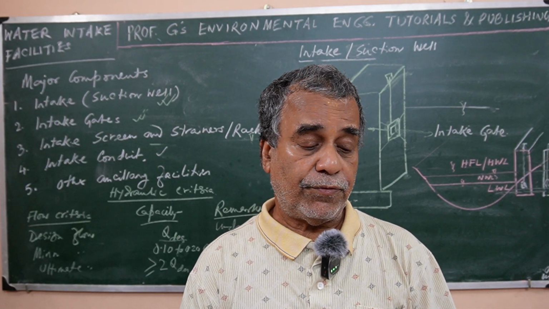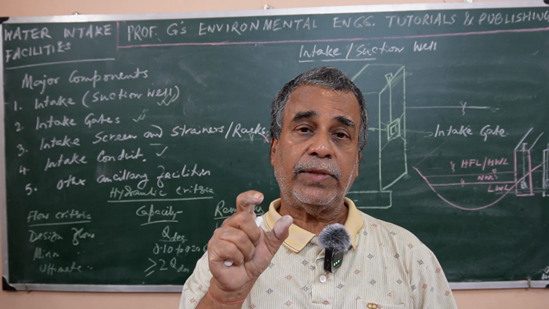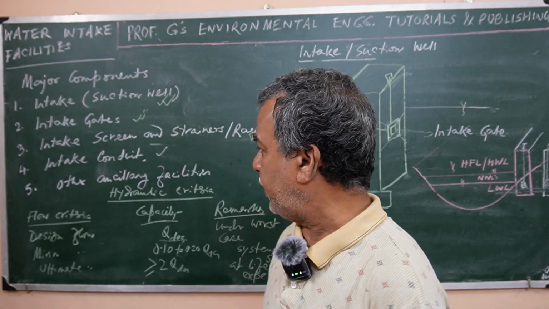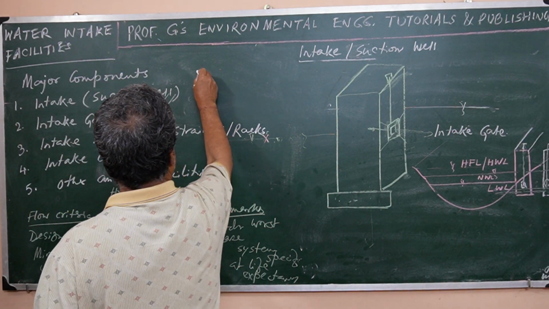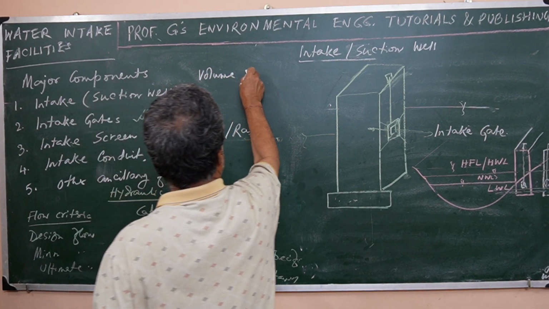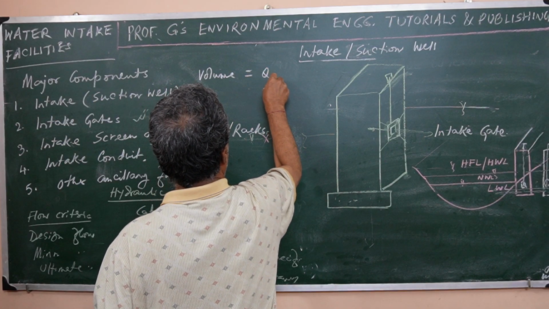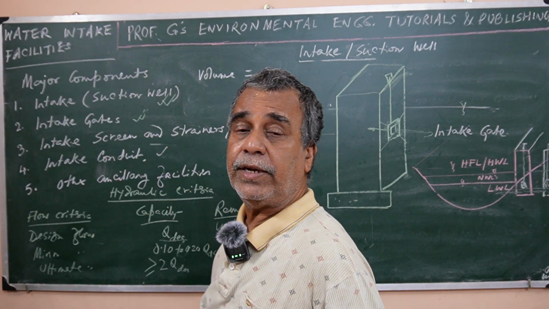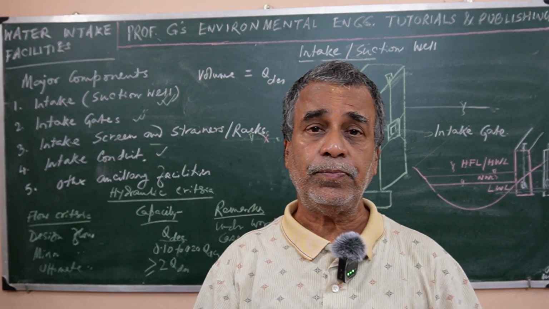So the first thing, note down that the design life is 60 years, okay, and this is the design flow. The volume required, or the capacity, is the Q design. How do you get the Q design? That is the forecast population at the end of say 60 years or so.